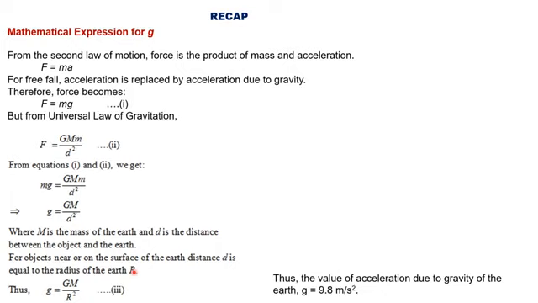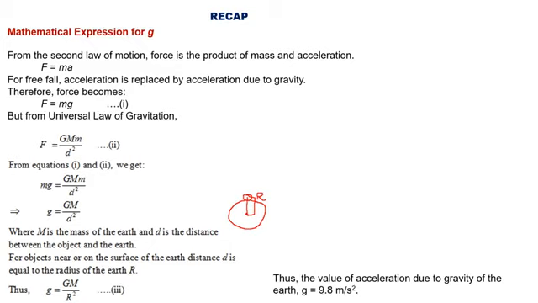If the object is near or on the surface of the earth, then the distance will be considered as the radius of the earth. I have already explained this. If this is the earth and the object is on the earth, then the distance between the center of the object and the center of the earth is nothing but the radius, right students? So this radius will be considered as the distance, so here we have to take r square.